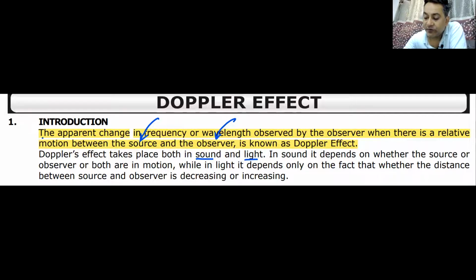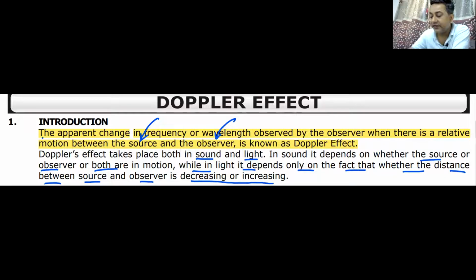In sound, it depends on whether the source or the observer or both are in motion. Whereas in light, it depends only on whether the distance between the source and observer is decreasing or increasing. So remember, there is a slight difference between Doppler's effect of sound and Doppler effect of light.